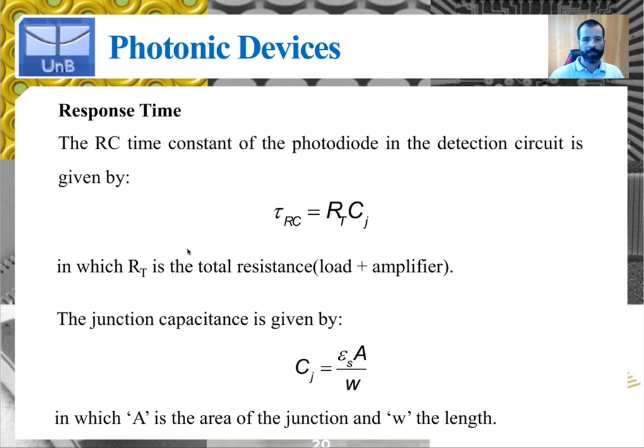So in this expression, RT is the total resistance, which often is the load resistance, an actual resistor that you place in the polarization circuit in order to convert the photocurrent into a voltage. And in parallel to this, typically you would have the input resistance or input impedance of the amplifier, which is used to amplify the voltage generated across the load resistor.